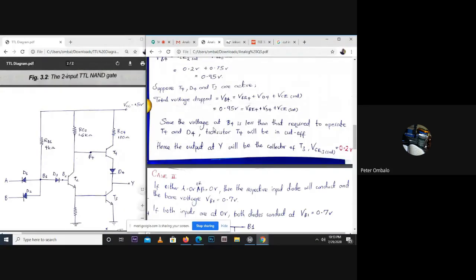Now, since the voltage at B4 is less than that required to operate transistor T4 and D4, then transistor T4 will be in cutoff.